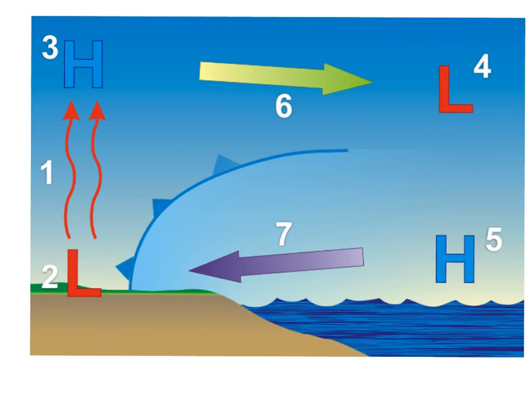Above the water, it's a little lower pressure since the air is less dense above the ground. But above the water, because it's cooler, it has relatively high pressure. And this causes a breeze to blow in off the water to replace the air that's rising over the land. And we call that, again, a sea breeze.